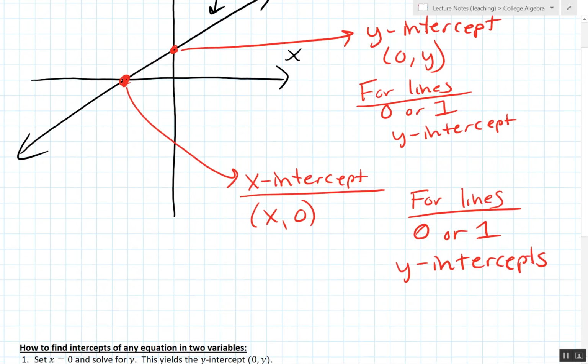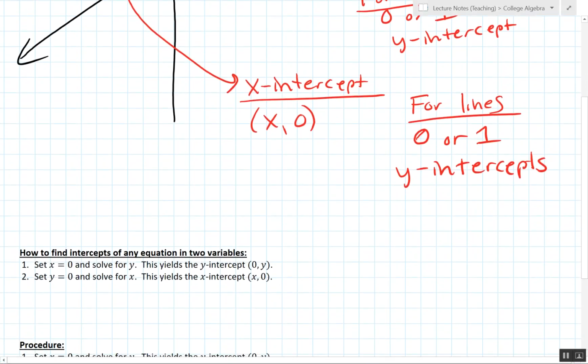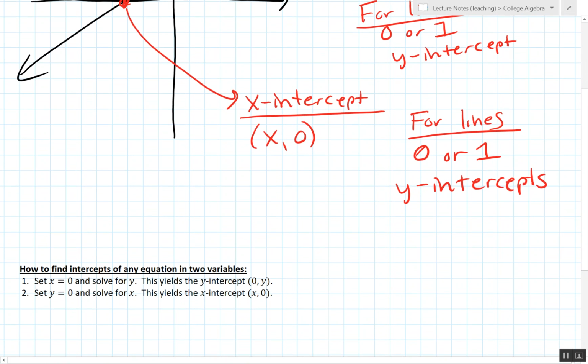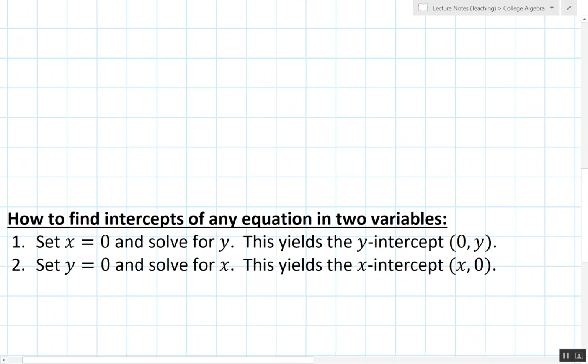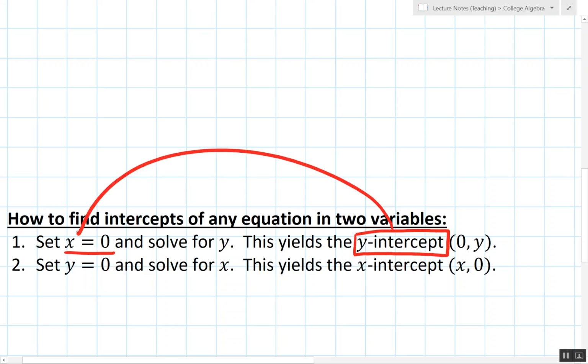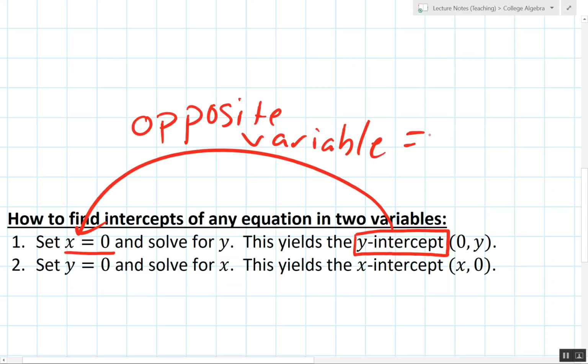So what I want to talk about now is how to find intercepts. I'm going to zoom in a little bit here. If we want to find the y-intercept, we are going to set x equal to 0. Notice that we use the opposite variable to set equal to 0. This used to confuse me all the time, and that's the way I learned to remember it.